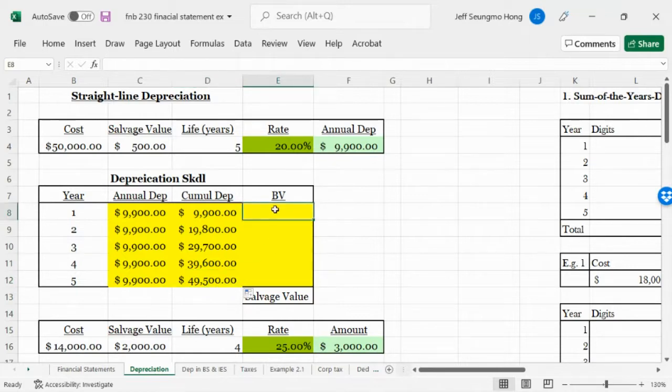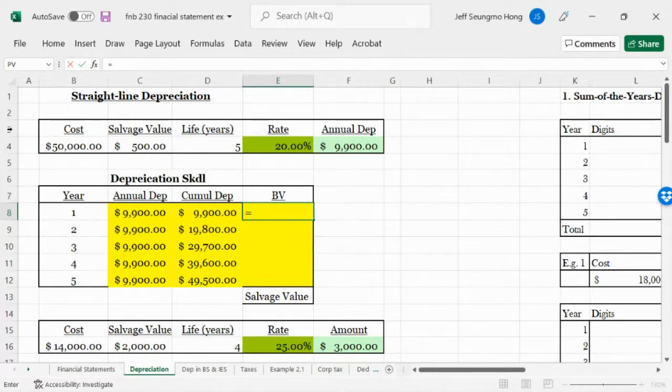Book value. What's the book value? Book value is at the end of the year. At time 0, at the beginning of year 1, the book value must be the cost, right?